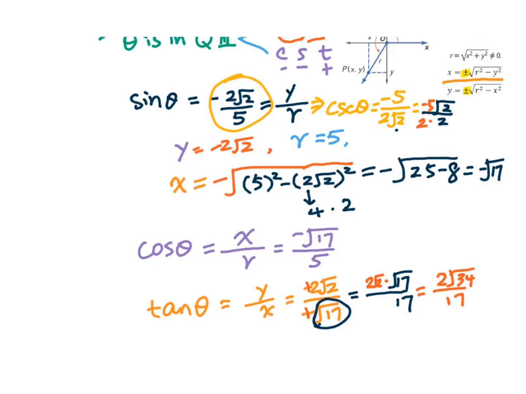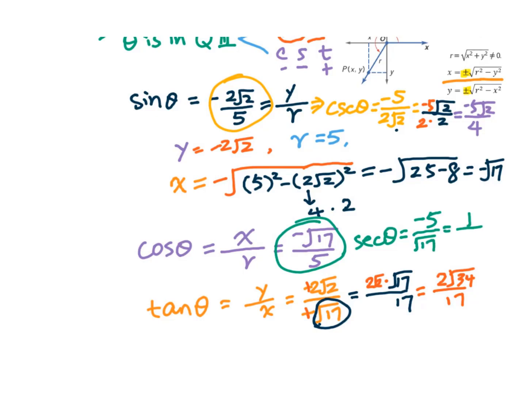So we got negative 5 square root of 2 over 4. For secant theta, flip cosine, we get negative 5 over square root of 17. Therefore, multiplying by square root of 17 over 17, negative 5 carries on.